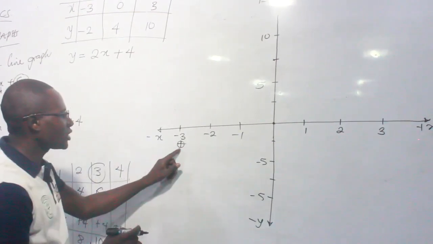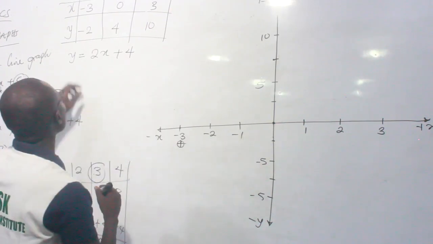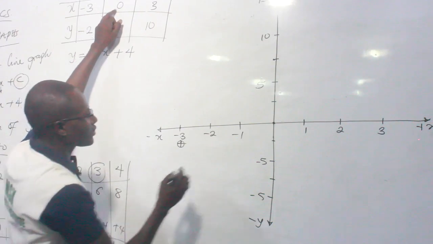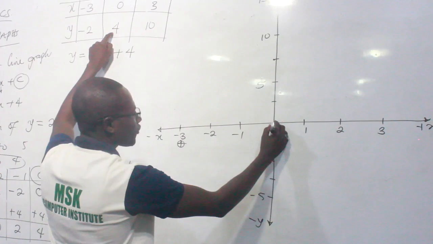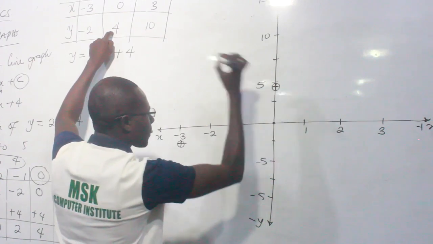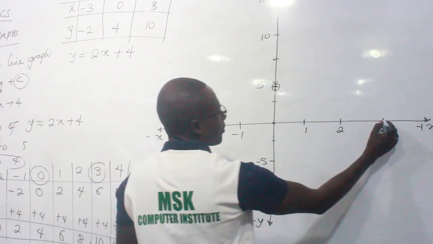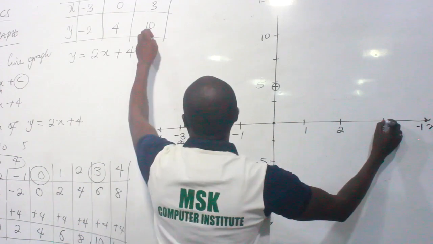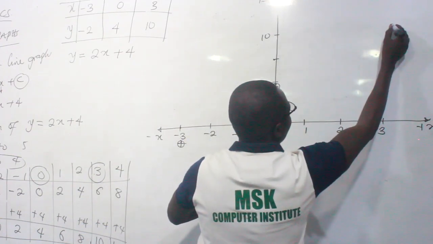So this is the point where x is minus 3, y is minus 2. When x is 0 here, y is plus 4, and plus 4 is somewhere here. You cross and circle. And when x is 3, y is 10. This is where y is 10.